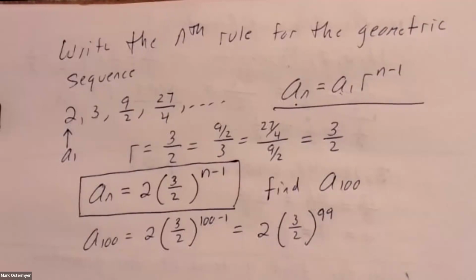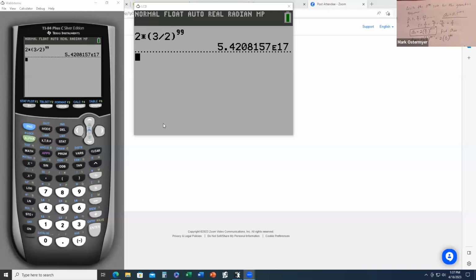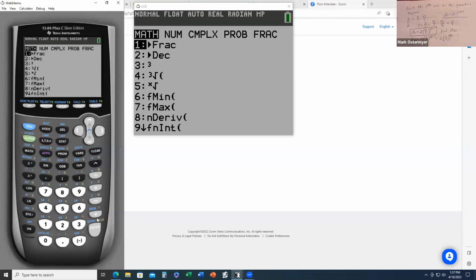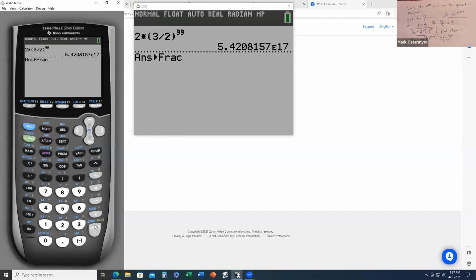So I'm going to take 2 times, inside parentheses, 3 divided by 2 raised to the 99th power. And I do get a messy decimal, but I'll show you what I got here. I got a messy decimal after doing that, but now I would like to turn this into a fraction. So if I hit my math button and select frac, hopefully this takes care of business, and it doesn't.